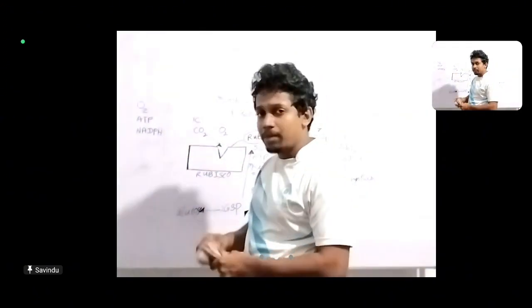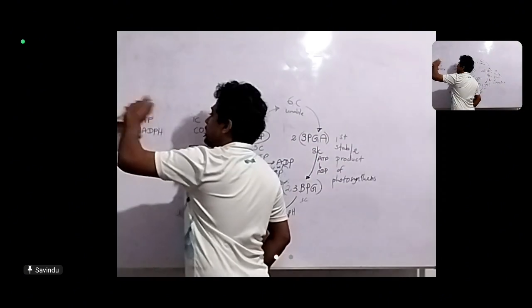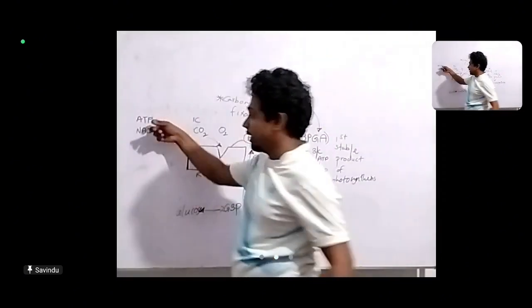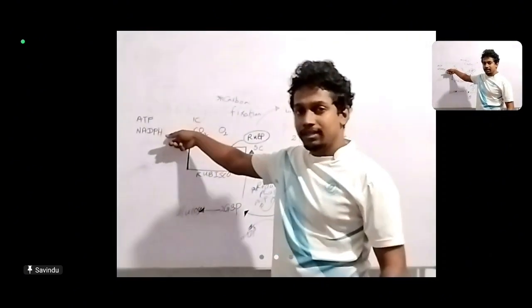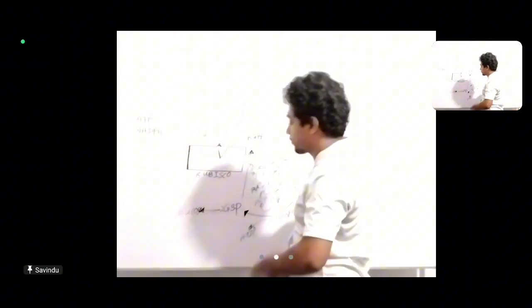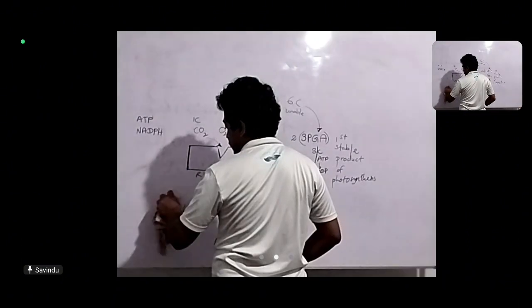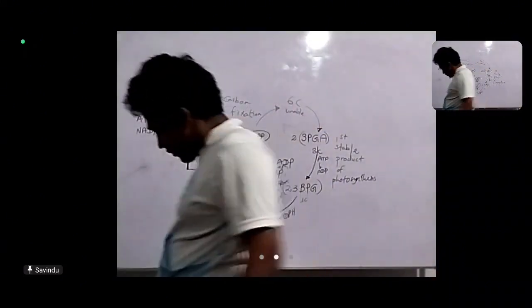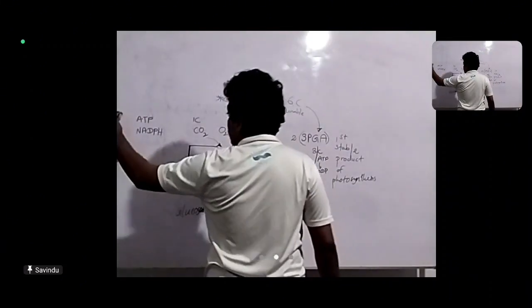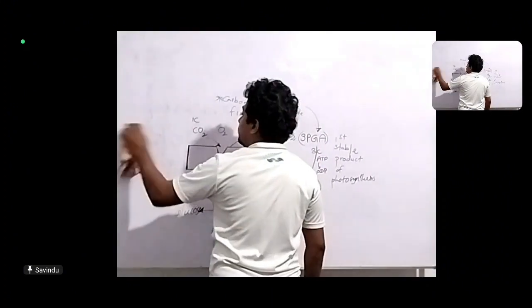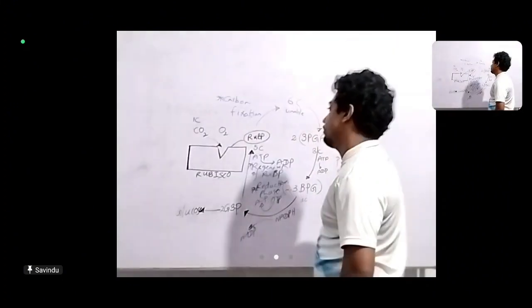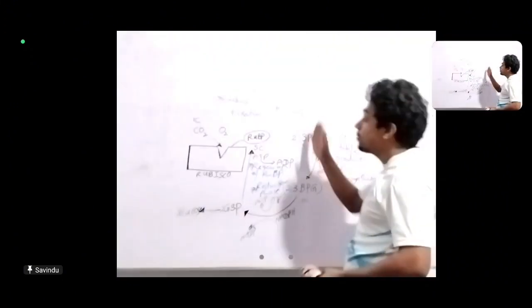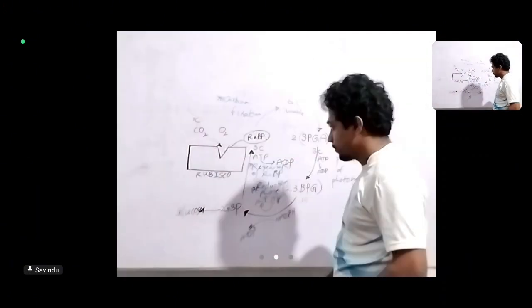And the ATP and NADPH are released into the matrix. Matrix, right? Stroma, right? So this ATP and NADPH, the fate of ATP and NADPH is determined by the Calvin cycle.